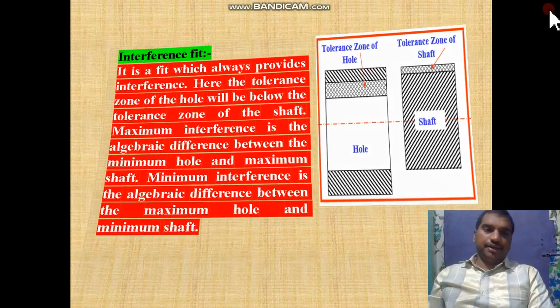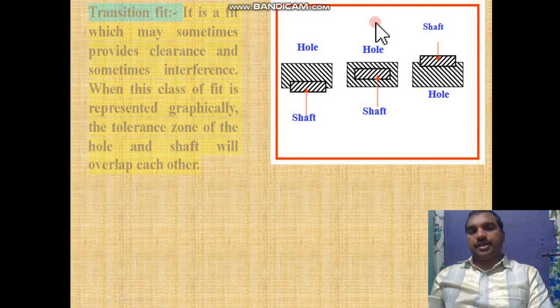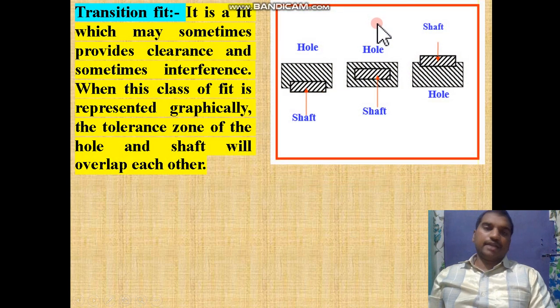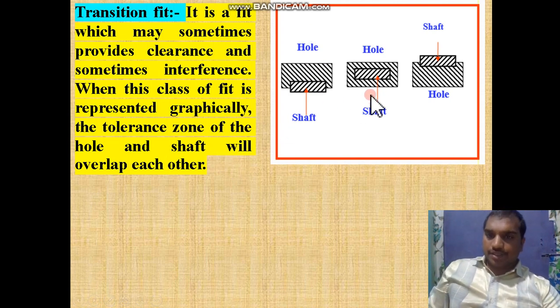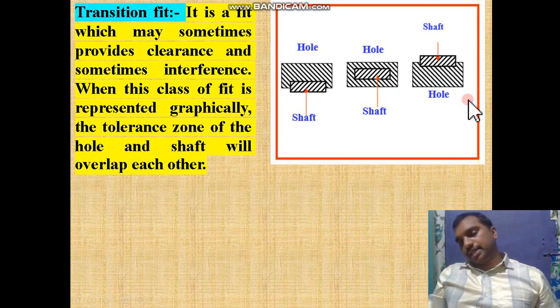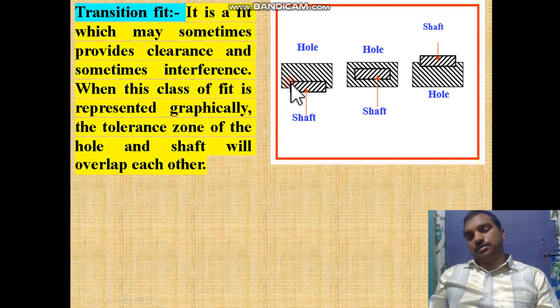Coming to the next fit, it is the transition fit. You can observe the diagram related to the transition fit. Three diagrams are there: hole and shaft, hole and shaft, hole and shaft. The first one, the clearance fit, has a clearance between hole and shaft.